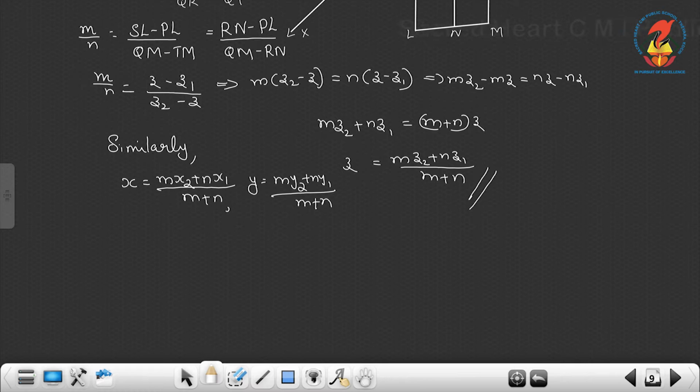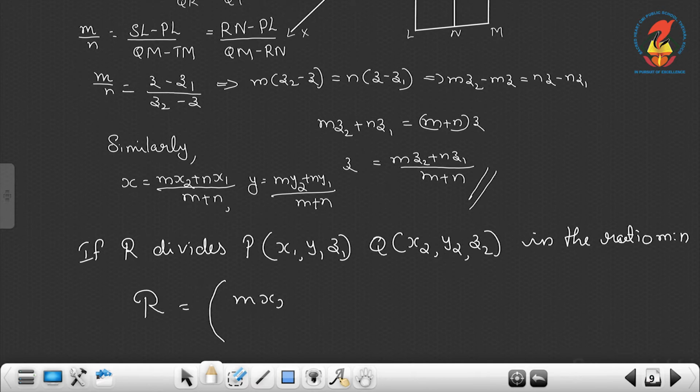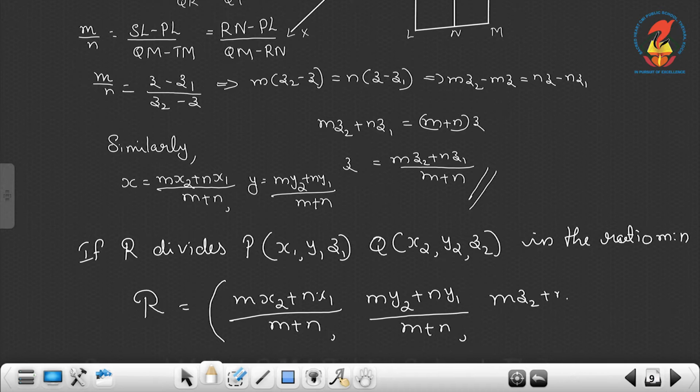If R divides PQ, where P is (x1, y1, z1) and Q is (x2, y2, z2), in the ratio m is to n, then the coordinates of R, three coordinates, are: the first coordinate is (mx2 plus nx1) by (m plus n), then (my2 plus ny1) by (m plus n), and the third coordinate is (mz2 plus nz1) by (m plus n).